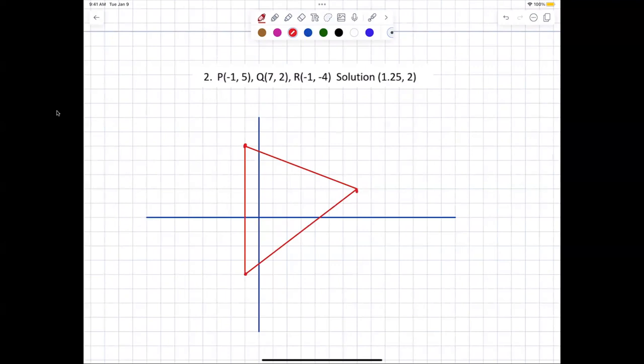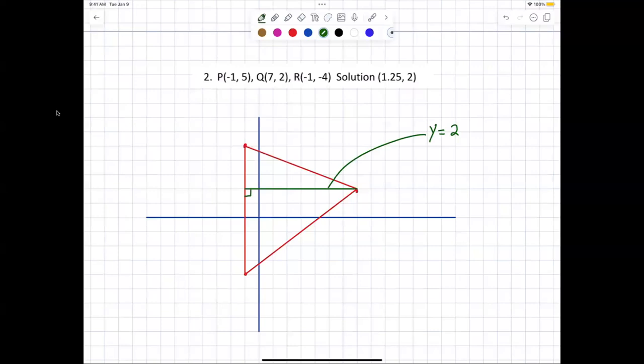So everybody should be able to say, okay, this guy right here, without much thought, you should be able to say that that is the first altitude. Because in order to be perpendicular to a vertical, you must be horizontal. So there is our first equation right off the bat. And the equation of that line is just y equals what? Y equals 2. That's why this one's really easy.